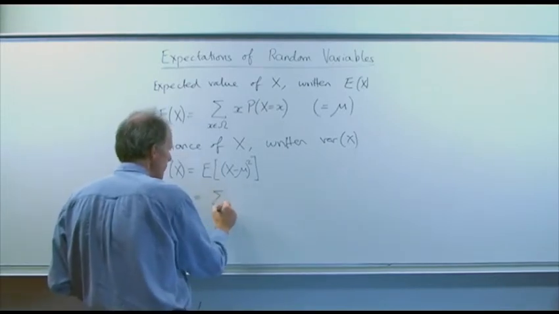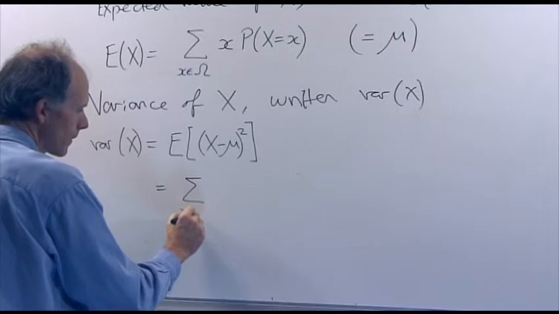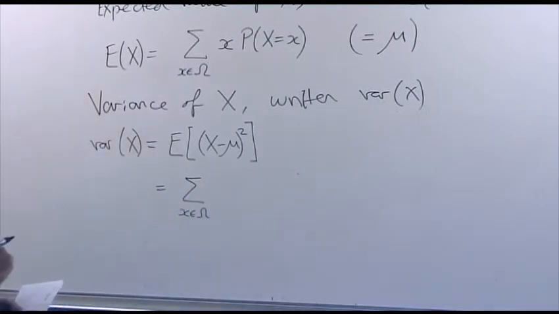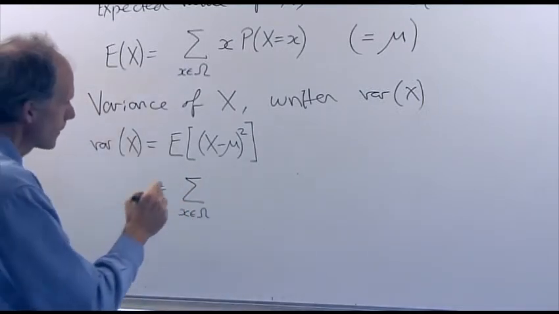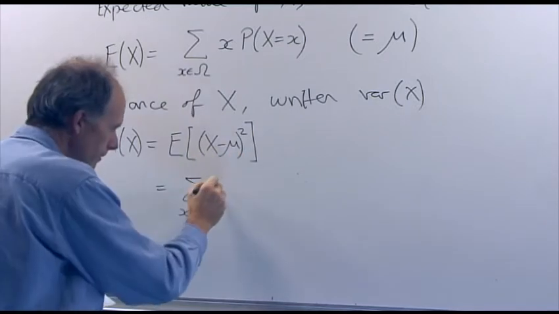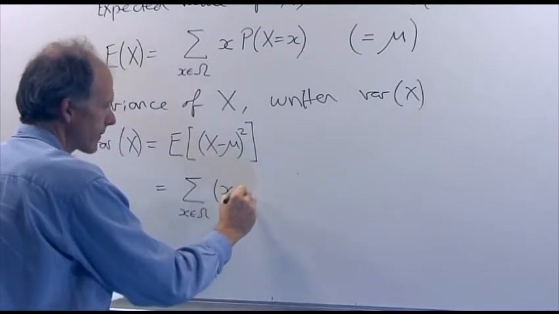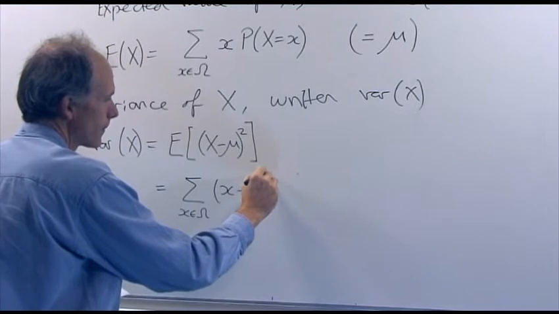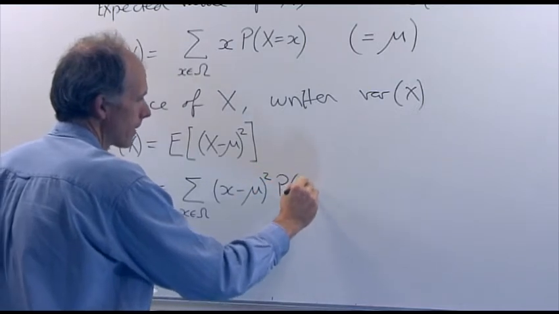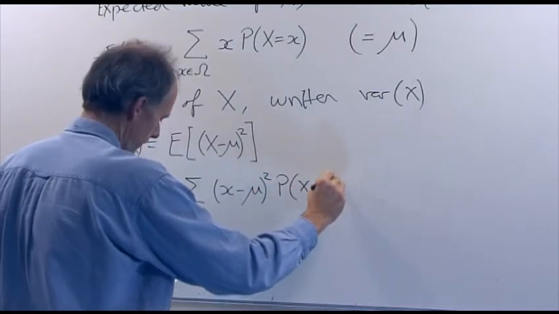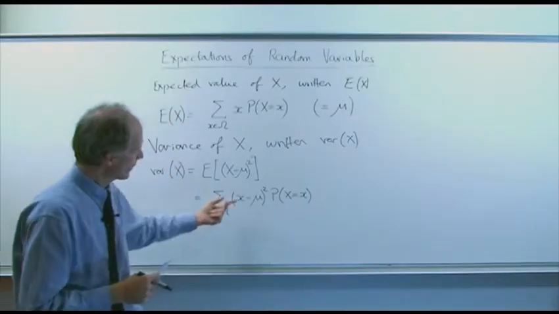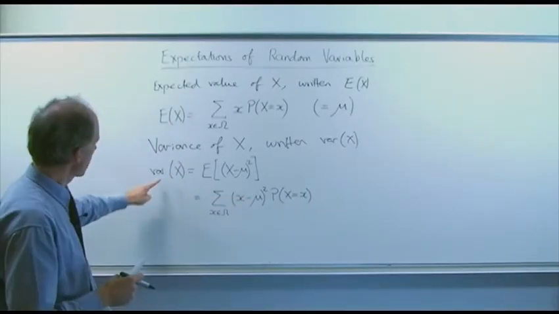So how we would compute it: we sum over values in the sample space, as before, and then we substitute g, with a lowercase x now for the specific values, and multiply that by the probabilities. Okay, so that's the way we could work out what the variance of X is.